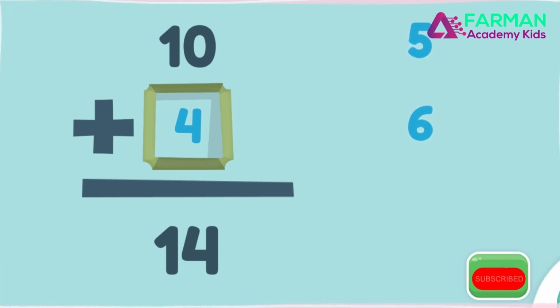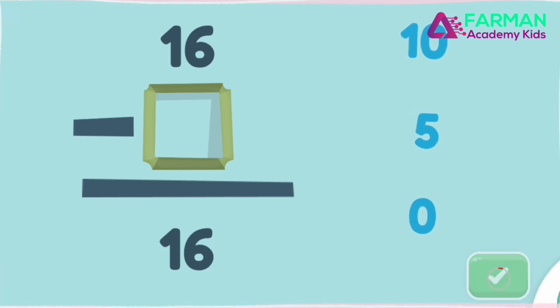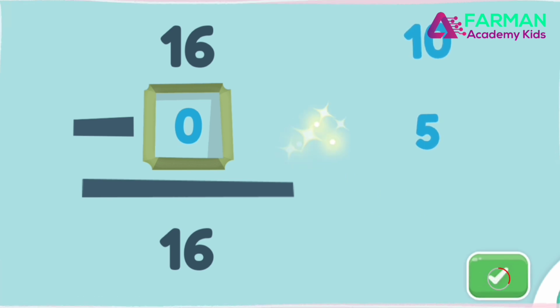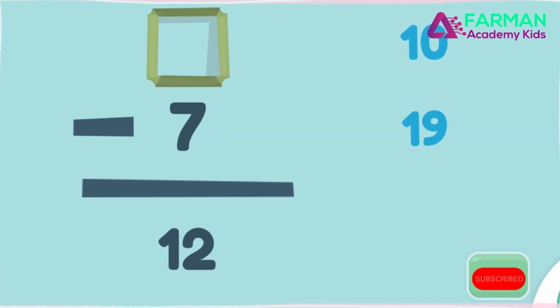Super! 16 minus 0 is 16. What minus 7 equals 12? Good thinking! 19 minus 7 equals 12.